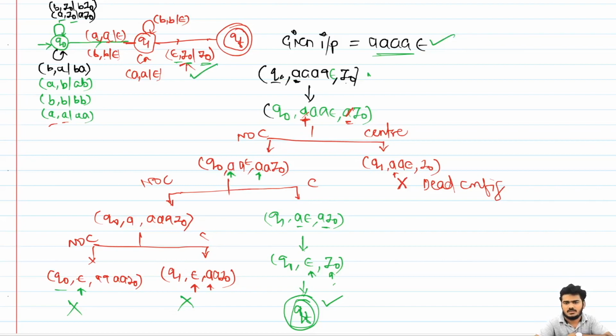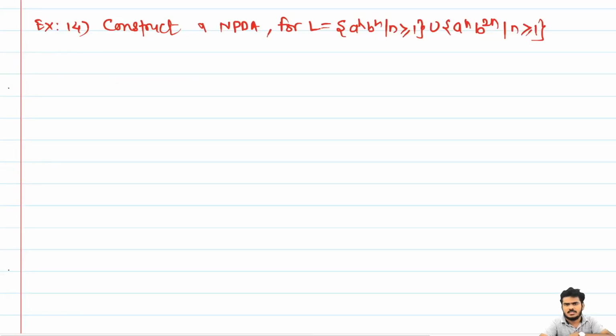Okay, so let's take another one, so it will be clearer. This is the example. We have already gone through the example where the language is given as a raised to power n, b raised to power n when n is greater than or equal to 1, and also the language a raised to power n, b raised to power 2n when n is greater than or equal to 1.